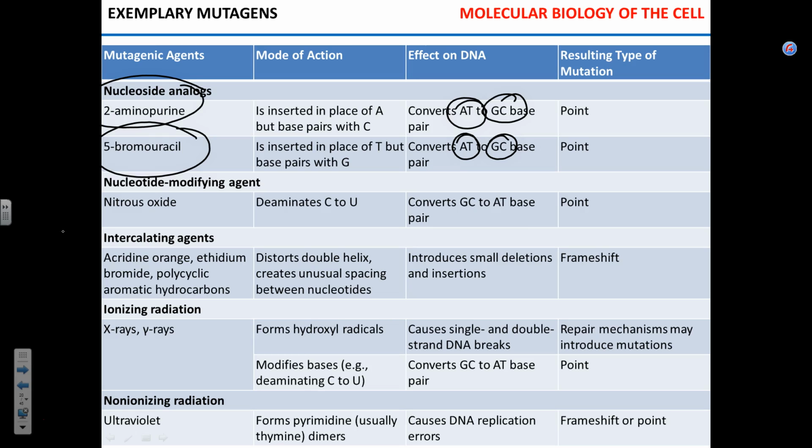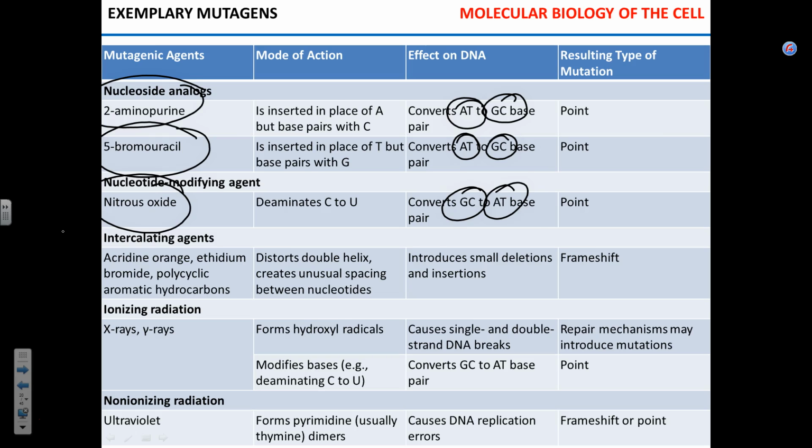For example, 2-aminopurine is inserted instead of adenine, but then pairs with C, so it switches AT to GC. Same goes for 5-bromouracil. Modifying agents: nitrous oxide converts GC to AT.